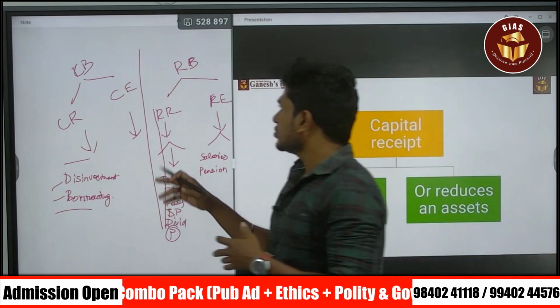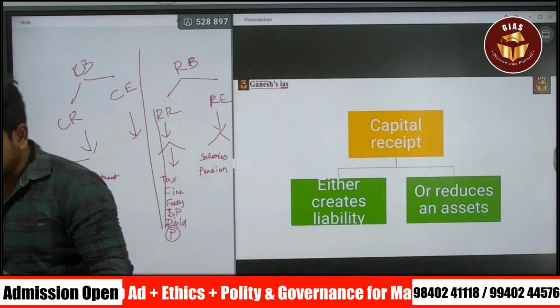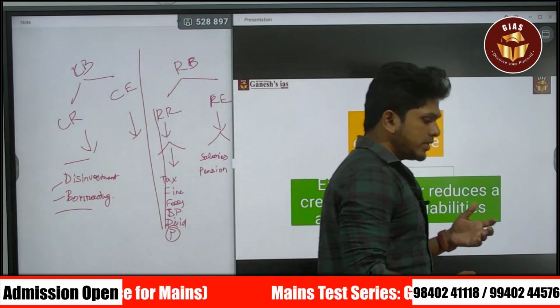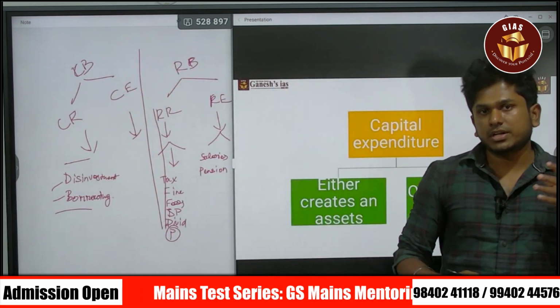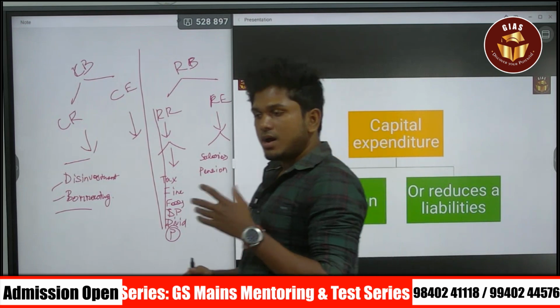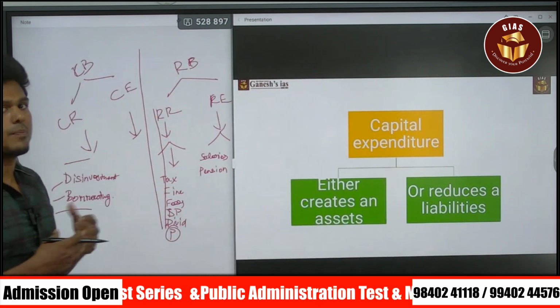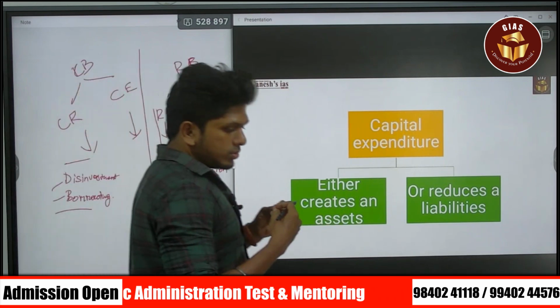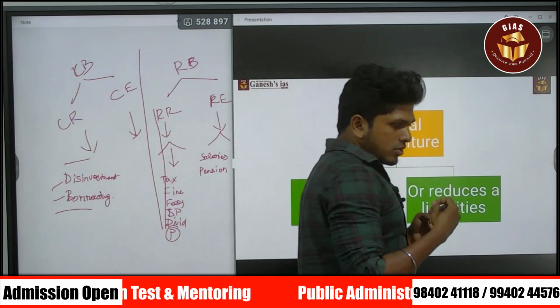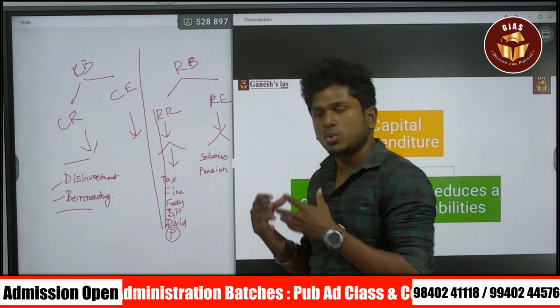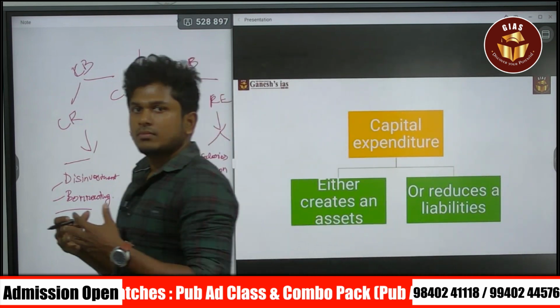Next, when it comes to the capital expenditure, in the capital expenditure, either it will reduce the liabilities or it will create the assets. So that is called as capex. See, how the government is performing the economy can be measured only by the capex.